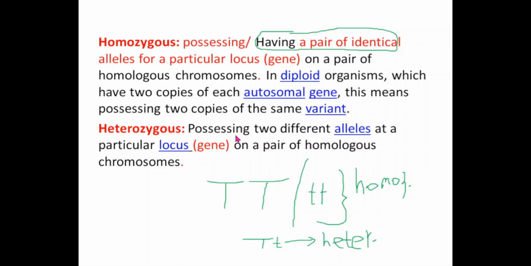Heterozygous: possessing two different alleles at a particular locus. Hetero means different, so different alleles on a pair of homologous chromosomes. For example, capital T capital T or small t small t are homozygous. Homo means the same. Capital T small t is heterozygous. Hetero means different. That is homozygous and heterozygous.